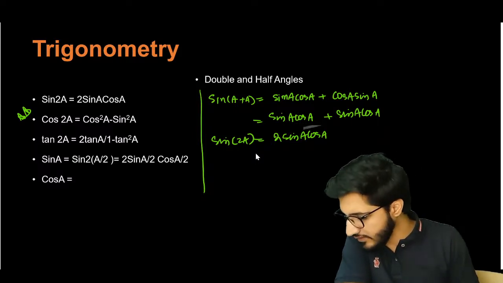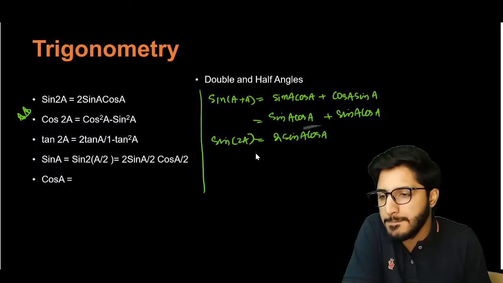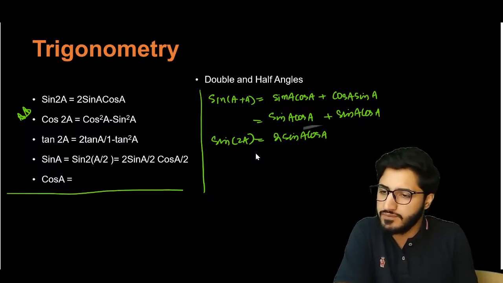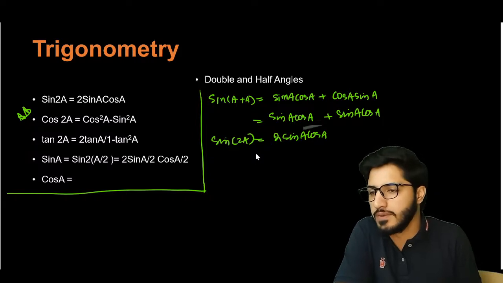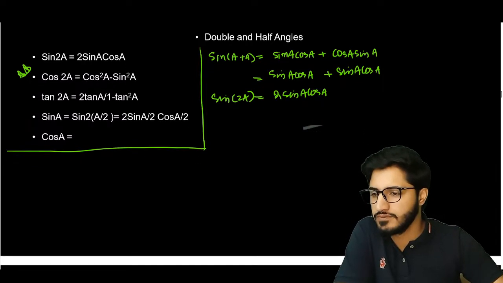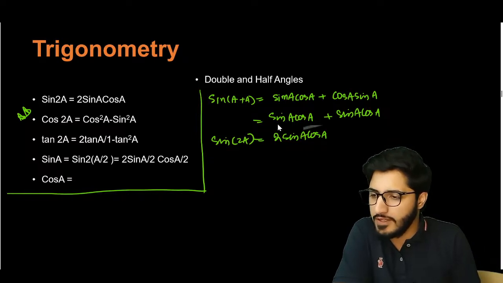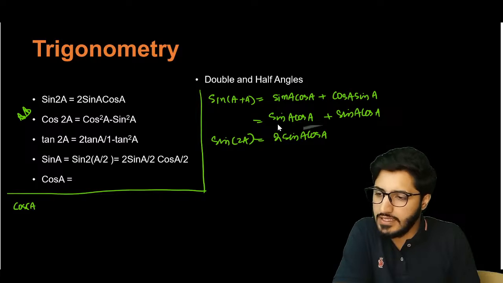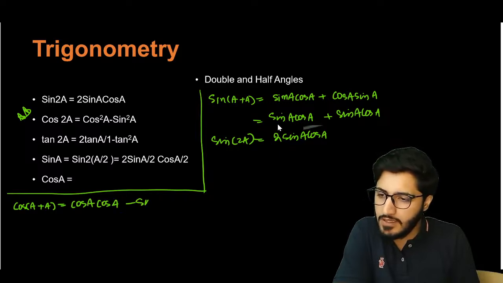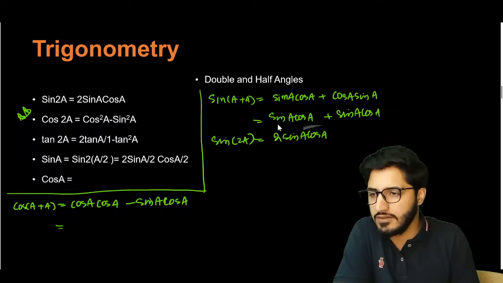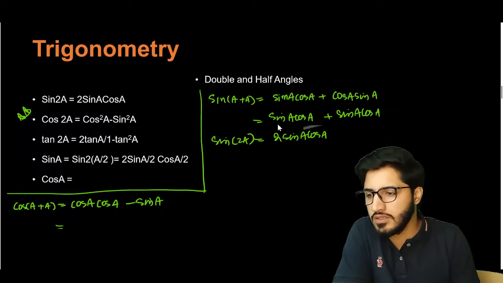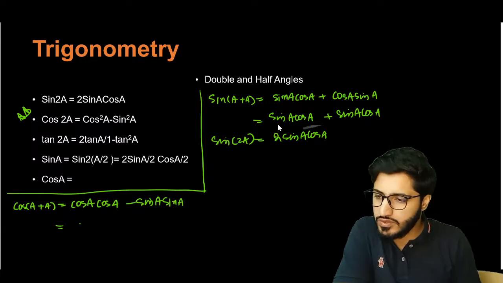We have cos A plus B, so I can write cos A plus B, where B is also A. So it will become cos A cos A minus sin A sin A. So this will become cos square A minus sin square A.